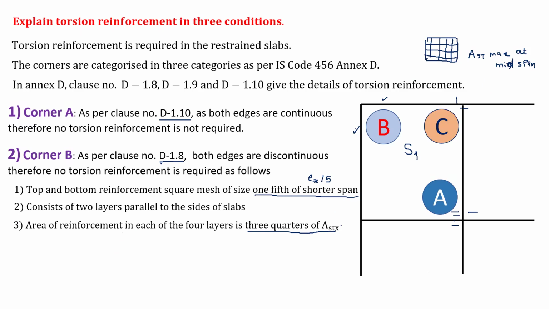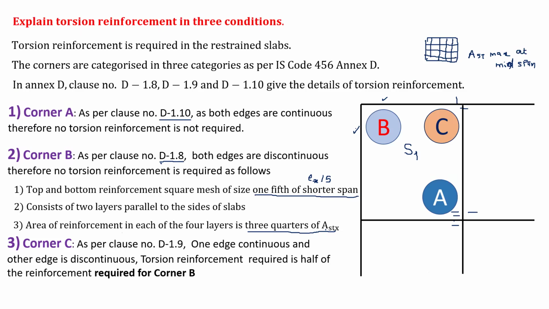Then we have corner C. This is where one edge is continuous and the other discontinuous, which is given in clause number D-1.8. Now torsional reinforcement required is half the reinforcement required for corner B. Here also you have four layers, that means two meshes, again two layers in each mesh.